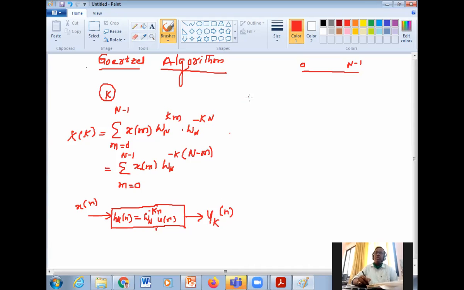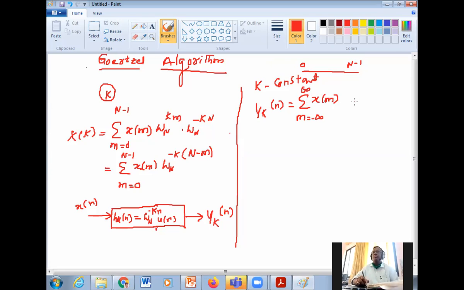Then according to the formula of linear convolution, if k is a fixed value, or if k is constant, we can write yk of n equals summation m equals minus infinity to infinity, x of m into hk of n minus m.